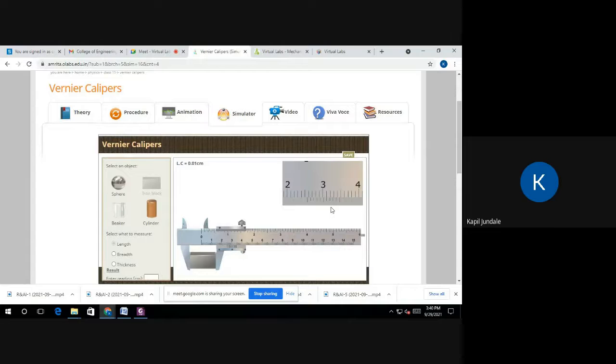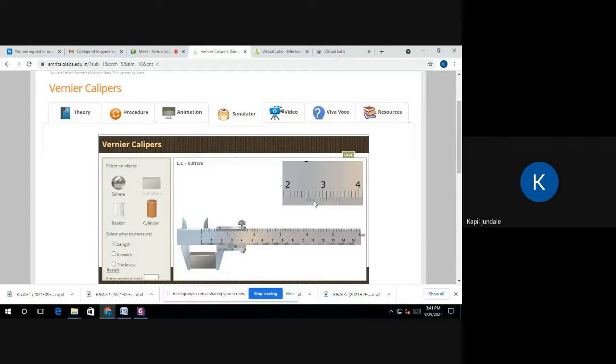Which line is coinciding with that main scale? Now check that carefully, this line is coinciding with the main scale. Now count that line.